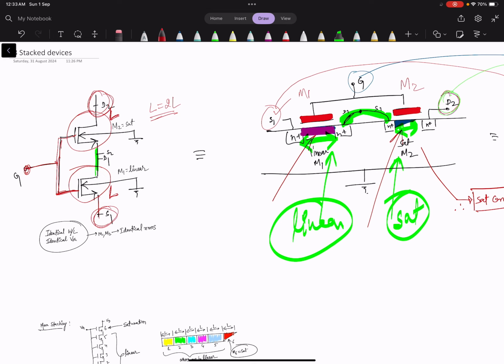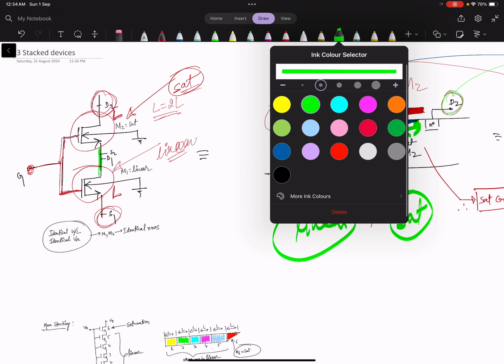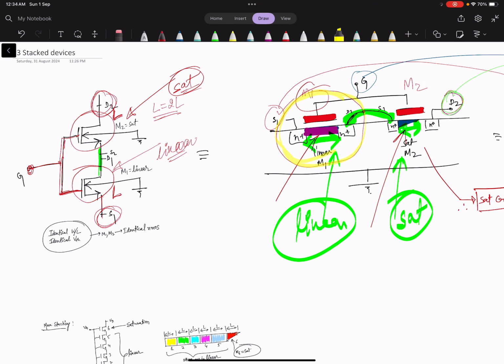The upper one will be in saturation and the lower one will be in linear. How did it come? From the figure itself, you can see that whichever MOSFET is closer to the source will be in the linear region, and whichever is closer to the drain will be in the saturation region.